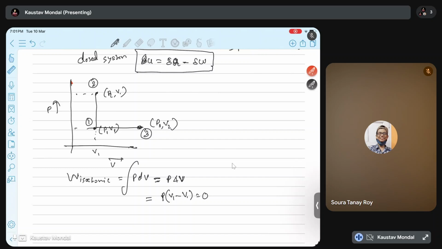For isobaric, you can see the volume is changing, so it would be PdV, so P1 times V2 minus V1. These are certain expressions. You just have to substitute the values of volume 2 and volume 1, and from there you will get the expression for the work done.